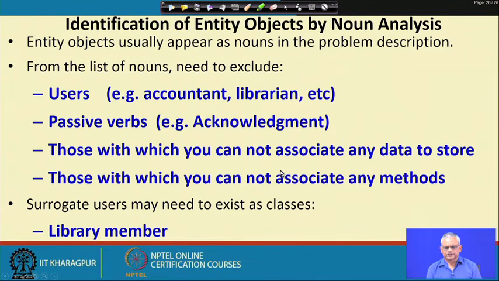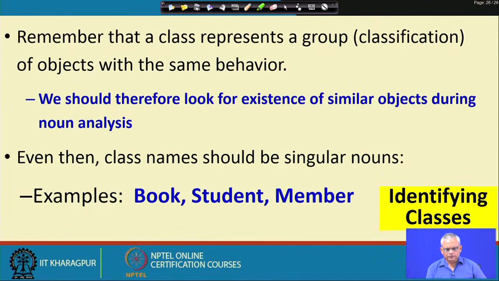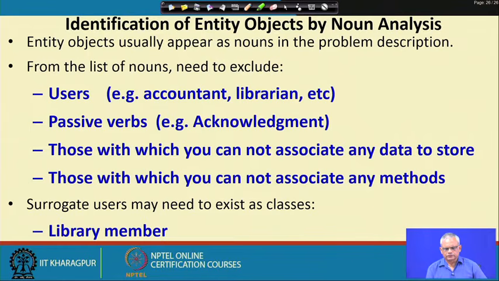Now, let us see how to go about identifying the entity objects by noun analysis. To perform the noun analysis, we examine the problem description and then identify the nouns.